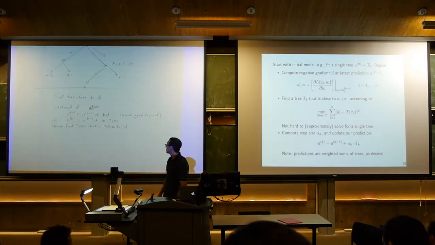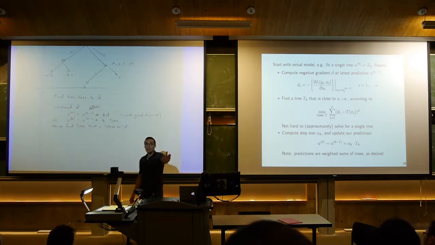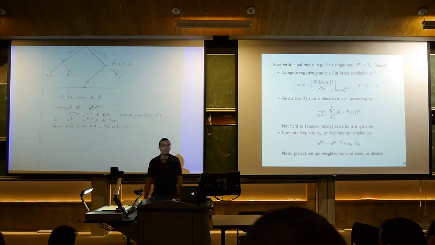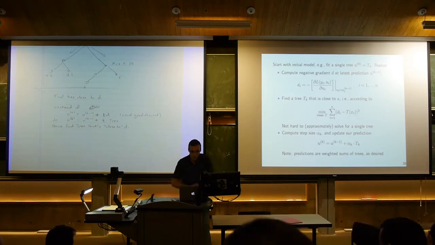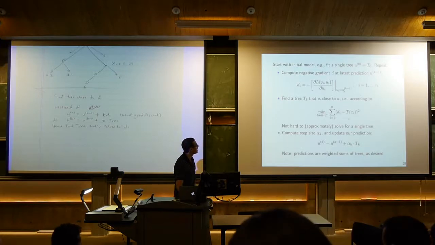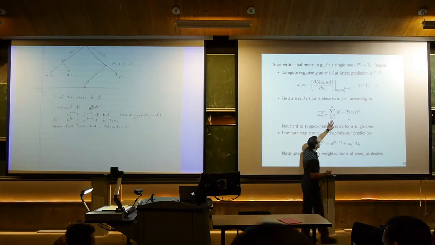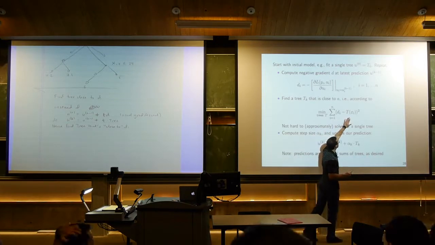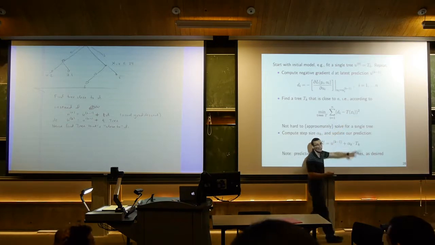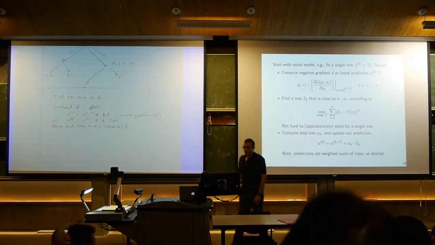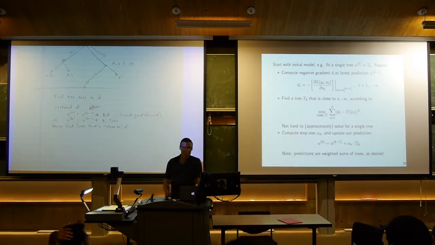Just run gradient descent, and at every stage, instead of moving in the direction of the negative gradient, move in the direction of a tree that's close to the negative gradient. So how do we do that? We search over all trees and find the one that's closest in squared error loss, in terms of the evaluations it makes over the predictor measurements, to that direction. This is not hard to approximately solve for a single tree.